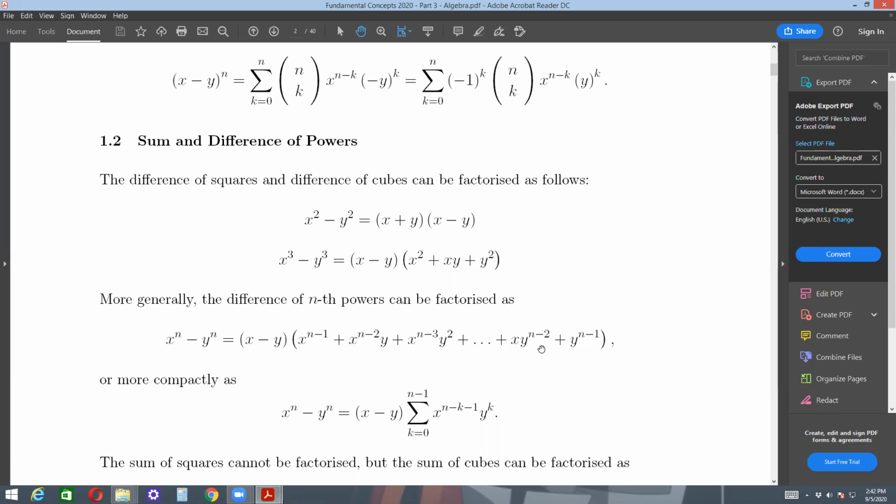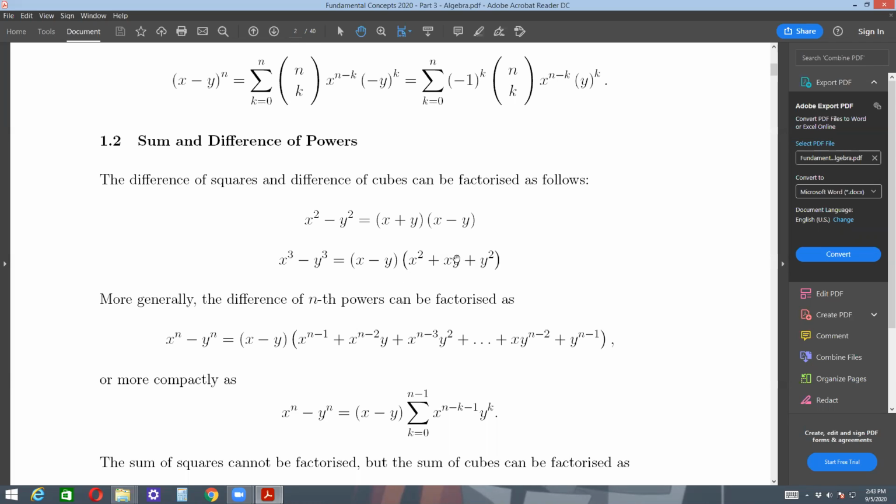Right, so you could actually try to figure this out. You don't have to learn this off. You could figure it out based on what the expansion is. So a simple one is this, x³ − y³. So with x − y, you have −y times x² when you multiply this out. But actually, first of all, if you have x − y, you need an x² to multiply by x to get x³. But then if you have an x², when you multiply by −y, you get −yx².